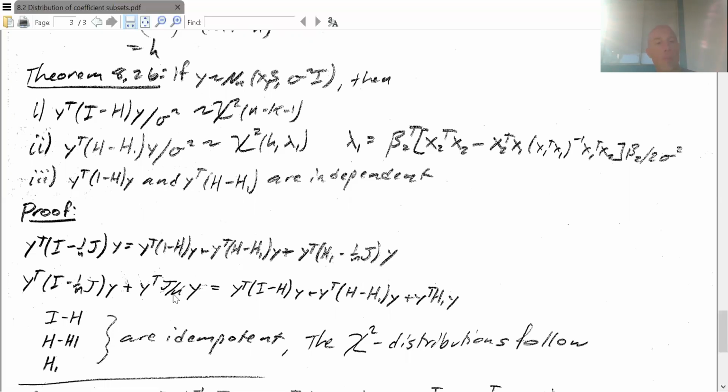Now I notice that I have the 1 minus h quadratic form, the h minus reduced h quadratic form, and the reduced h quadratic form. Now they're idempotent, and because of a theorem, we know that the chi-square distributions automatically follow for us, so nicely, so beautiful.